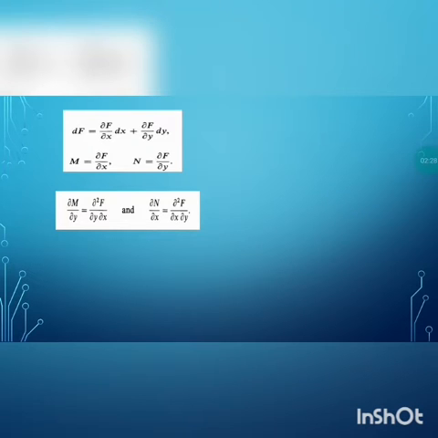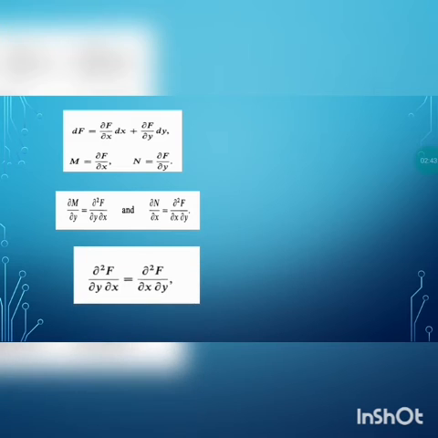This will lead to partial of M over partial of y equals partial squared f over partial y partial x, and partial N over partial x equals partial squared f over partial x partial y. Then partial squared f over partial y partial x equals partial squared f over partial x partial y.